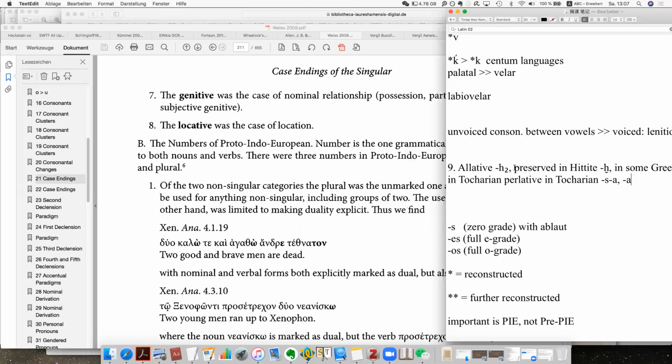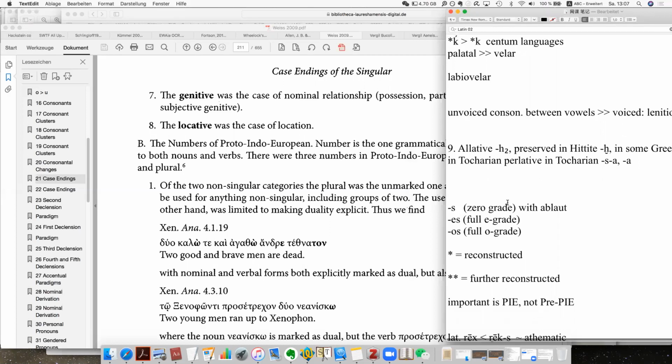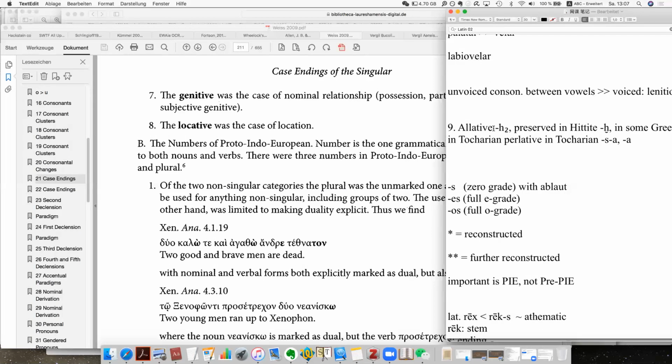It's a little bit complicated, but keep in mind that in Proto-Indo-European there are not only these 8 cases but also the allative, which is only preserved in several languages, not all, and sometimes preserved in compounds.